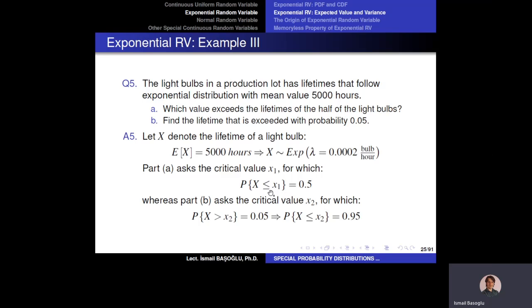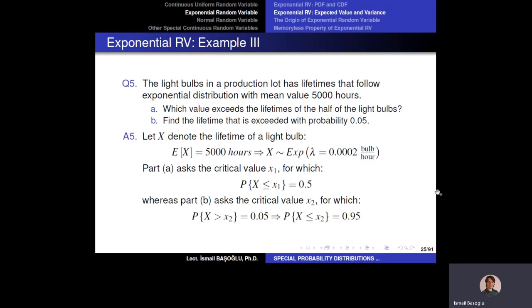So this lifetime exceeds the lifetime of half of the light bulbs. So the probability of a randomly selected light bulb to have a lifetime that is less than or equal to x1 is going to be 0.5.